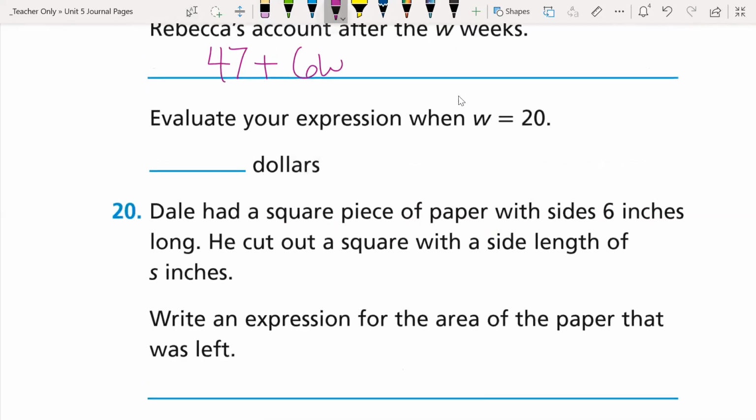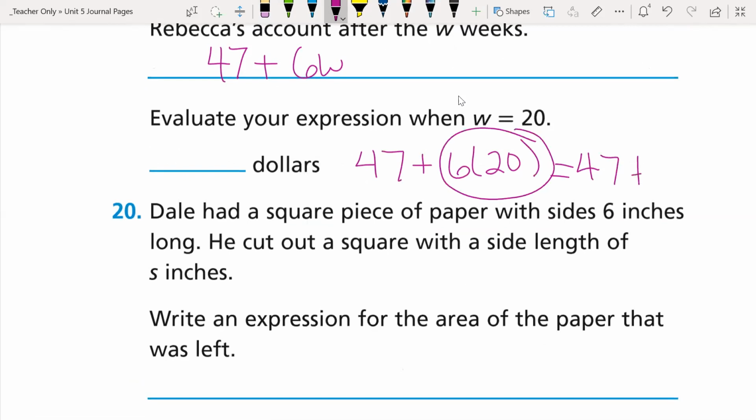If we do this for 20 weeks, now we have an expression that looks like 47 plus 6 times 20. And I know that 6 times 20, I can simplify that. Simplify means to put together, right? 6 times 20 is 120.